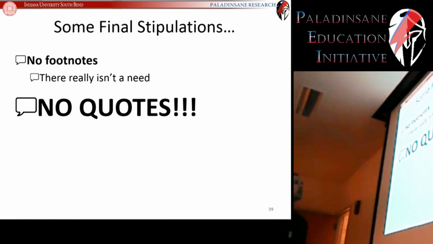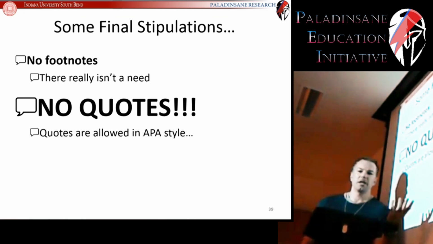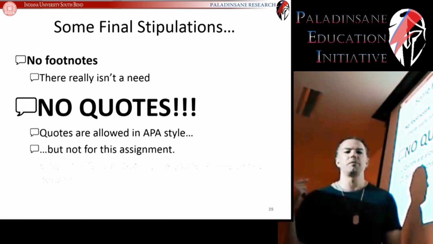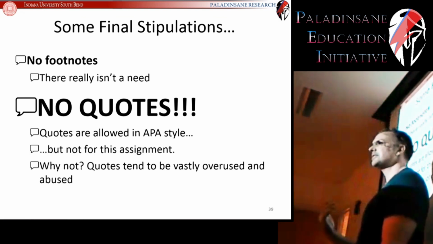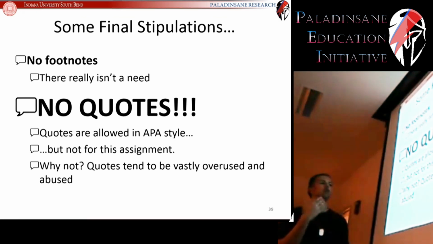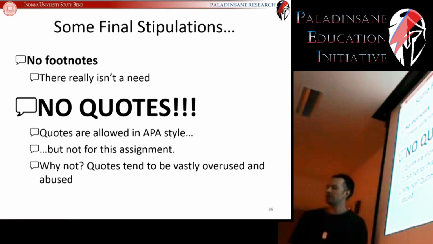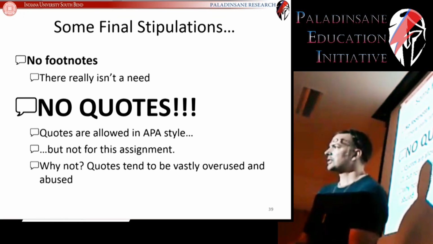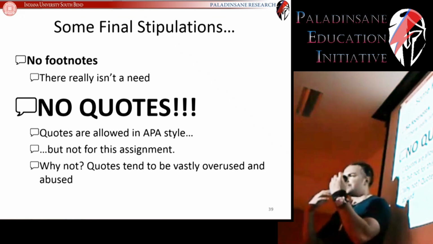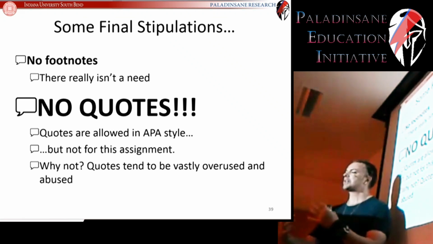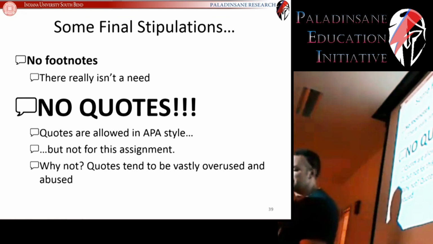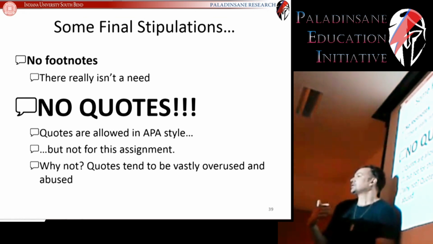The reason I don't allow quotes is because even though they're allowed in APA style, they're not allowed for the assignment because in the past, not everybody, but some students have vastly overused and abused their use of quotes. Part of this course is learning how to write scientifically. Part of this course is figuring out how to paraphrase, how to present information in a clear manner, how to organize different sections of information. And to be honest, most students do that.